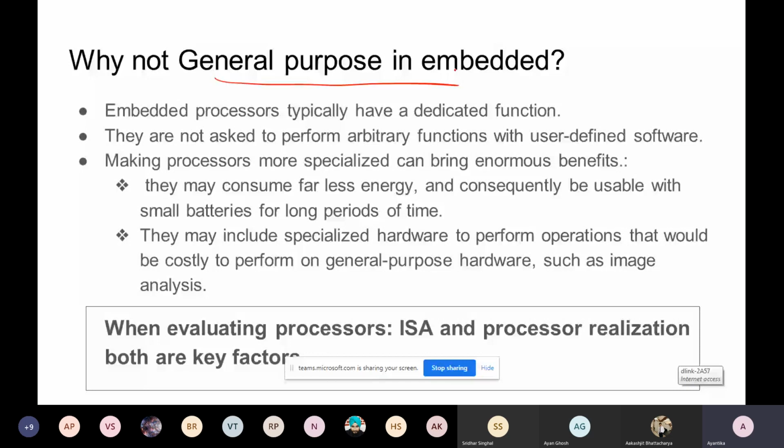Maybe we can think of performance, power, or storage. Anything is possible, because when we are talking about the embedded domain, everything is constrained. We have some real-time requirements.